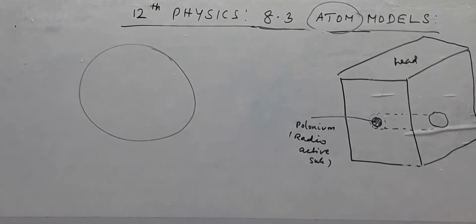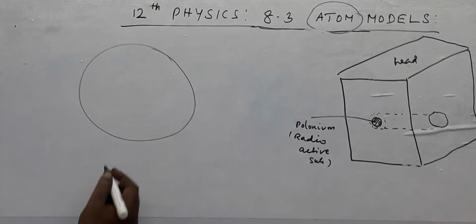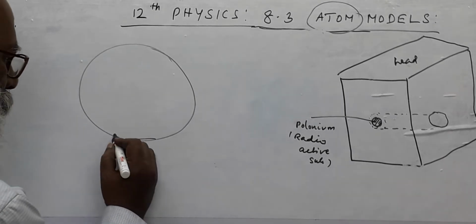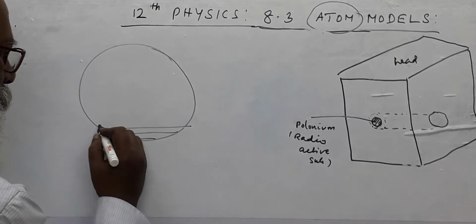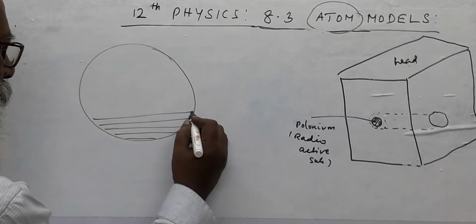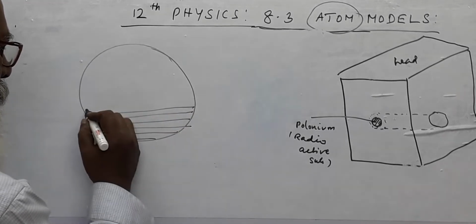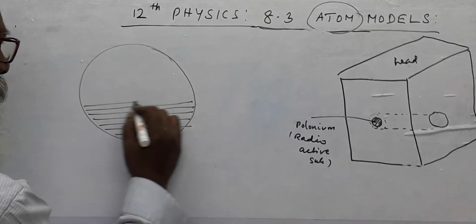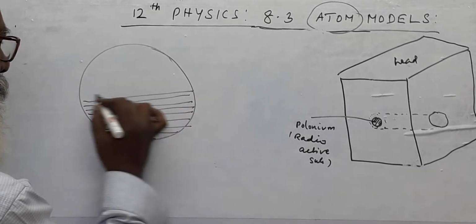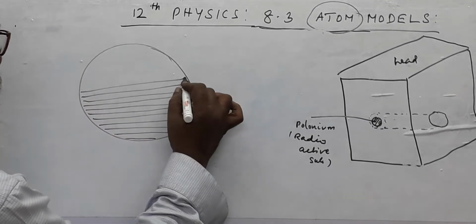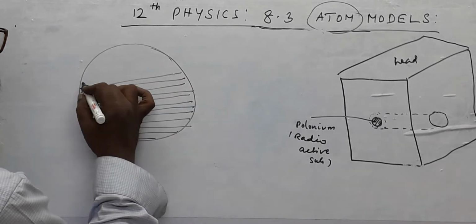Thomson suggested that an atom is a sphere, and the whole positive charge is evenly distributed throughout the sphere, not at any particular point. What is meant by evenly distributed?